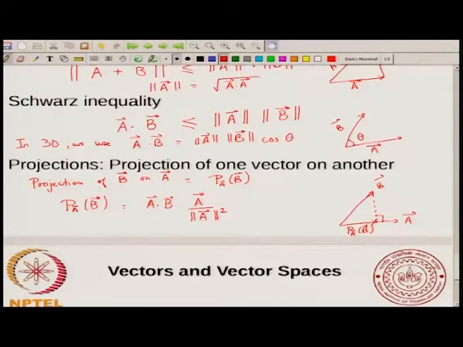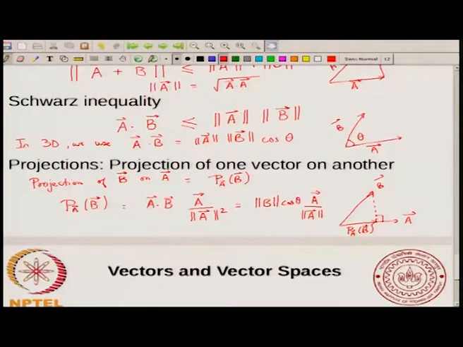It is not hard to show. You can think of this as the norm of B into cosine of theta. I am sorry, there should be an A square. So, I can write this as just norm of B into cosine theta, multiplied by a unit vector in the A direction, which is A vector divided by norm of A.